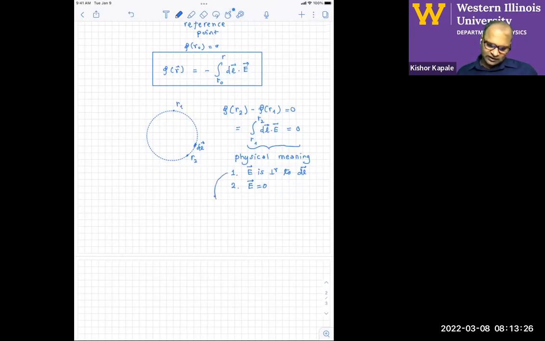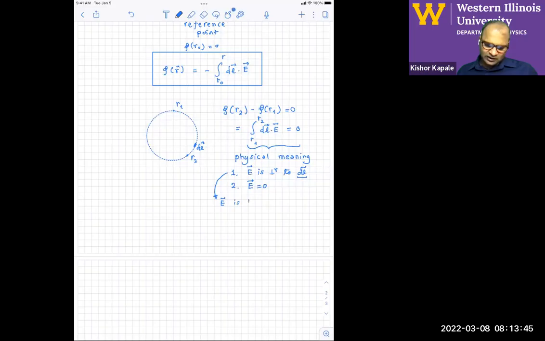So this one we're going to take a look at now. Of course, the expression that we wrote down is path independent, and so E actually does not just have to be perpendicular to dl, it has to be valid at all surface points. It's actually more general than that.